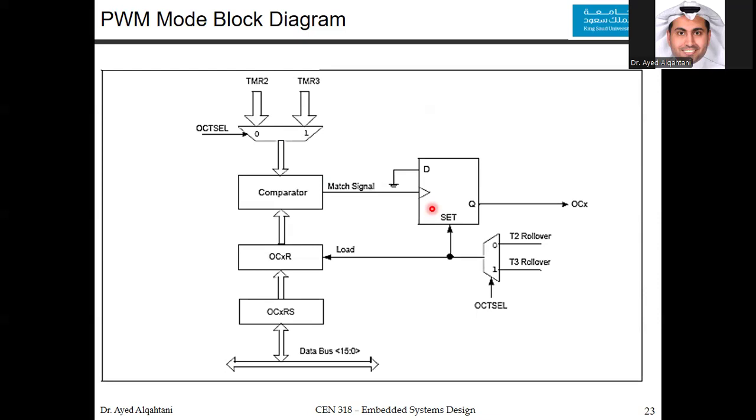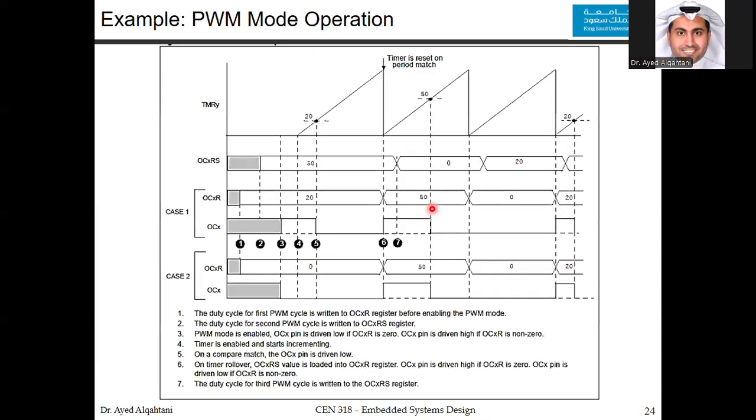After the block diagram, to understand how the pulse width modulation, or PWM, could be changed based on our choices, let's have some examples. Here we have two examples. First, we have the value of the OCRS, and then we have two cases, case number 1 and case number 2.